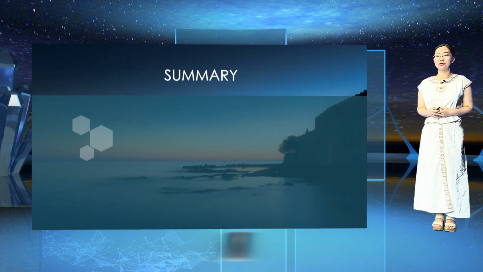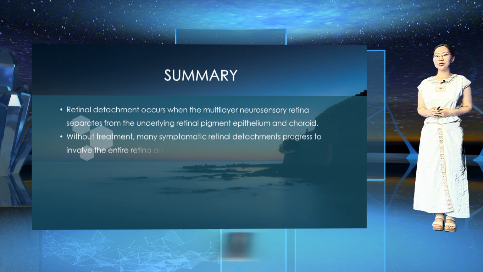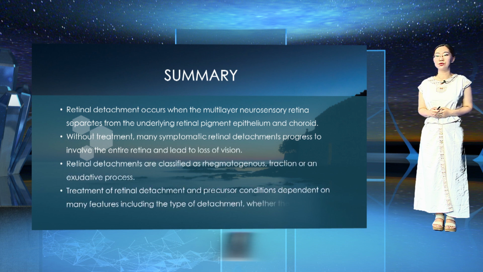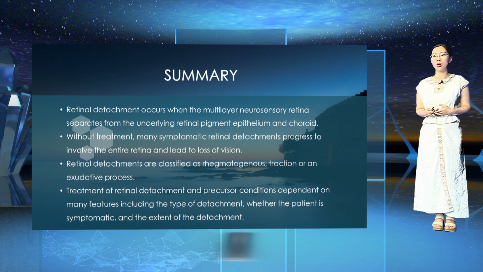Summary. Retinal detachment occurs when the multilayer neurosensory retina separates from the underlying retinal pigment epithelium and choroid. Without treatment, many symptomatic retinal detachments progress to involve the entire retina and lead to loss of vision.